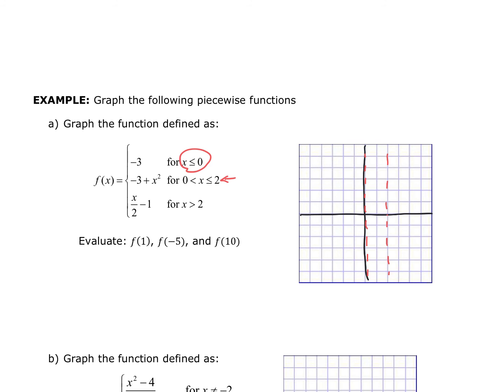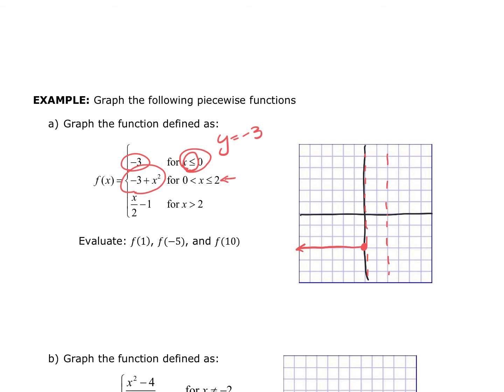Anything on the left side of 0 or equal to 0 is going to be negative 3 out. So anything less than, and right here it's inclusive, is going to be negative 3. This is the line y equals negative 3. If I'm between 0 and 2, 2 is inclusive, 0 is not, I'm going to use this.